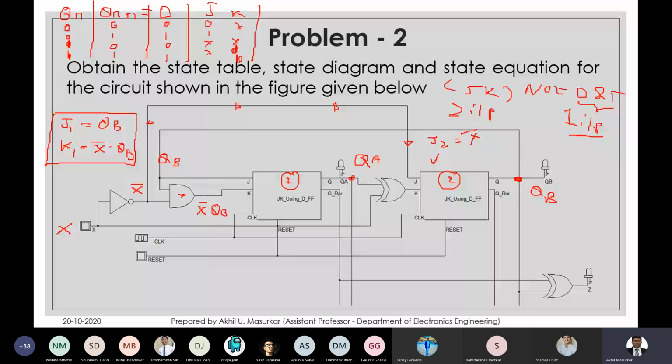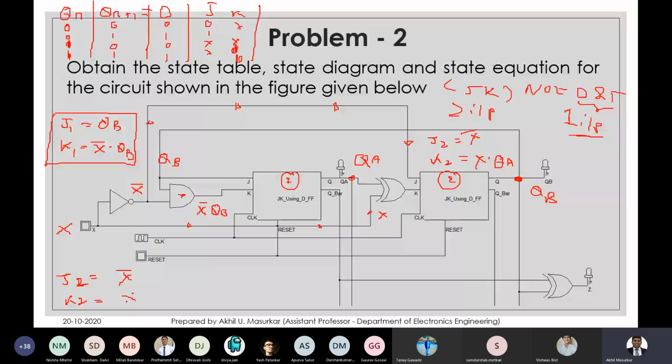X is coming over here, so that is going to be X dot QA. So J2 is X bar and K2 is going to be X dot QA. So these are our findings.